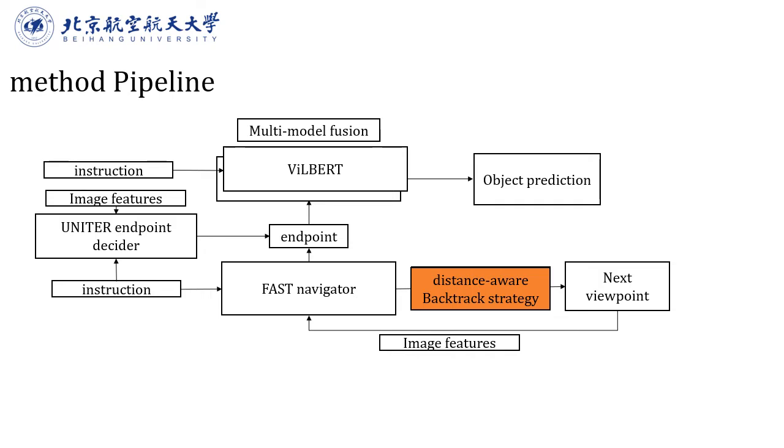The endpoint decider will help to locate the destination. Once the destination is decided, the ViLBERT pointer will use the image at the endpoint and make a prediction of the target viewpoint. So first, we will introduce the distance-aware backtrack strategy.